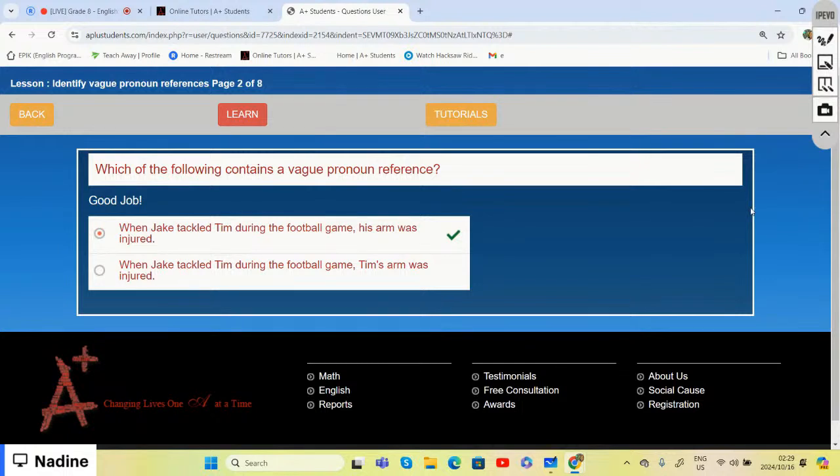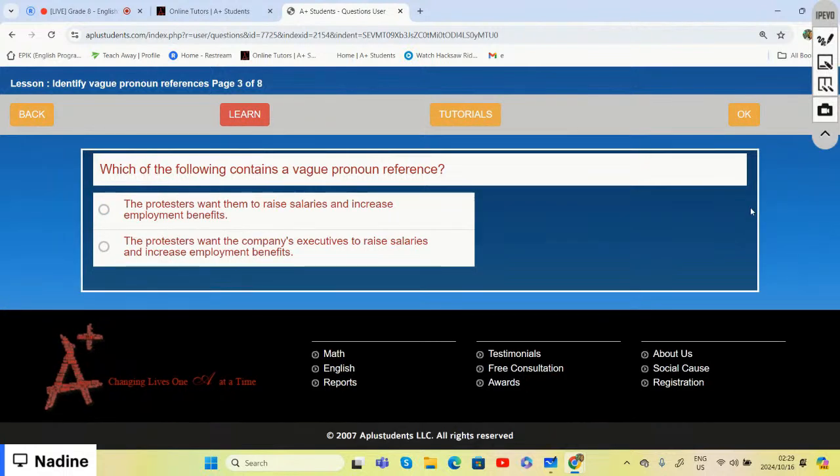And we chose the first option, option 1. The next one says the protesters want them to raise the salary and increase employment benefits.